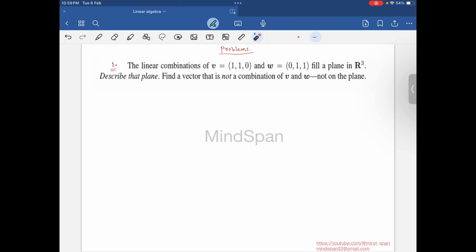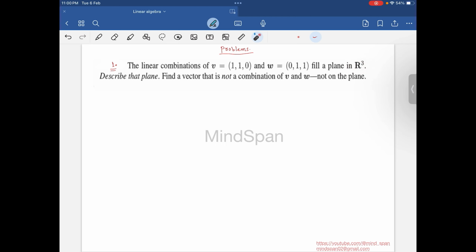So we are given this vector v, and if you see it has three components, that means this vector belongs to some three dimensional space, and we have another vector w, and again it has three components, that means this w will also belong to some three dimensional space. So we are given the information about v and w, that v and w fill a plane in three dimensional space.